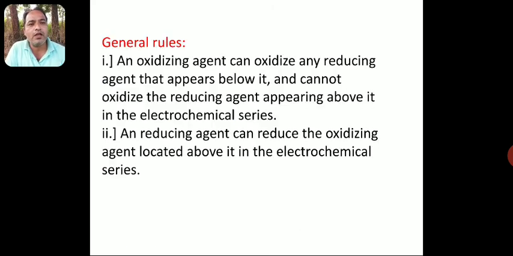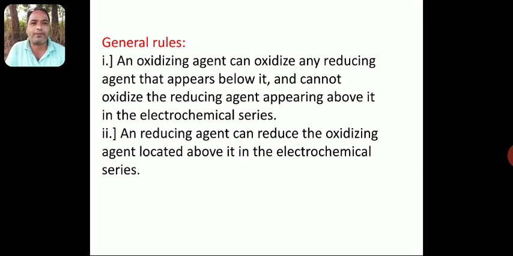Now next, general rules. What are the general rules for the electrochemical series? The first one: an oxidizing agent can oxidize any reducing agent that appears below it, and cannot oxidize a reducing agent appearing above it in the electrochemical series.